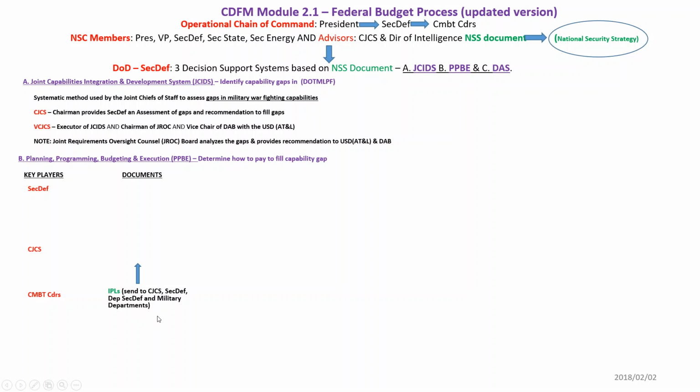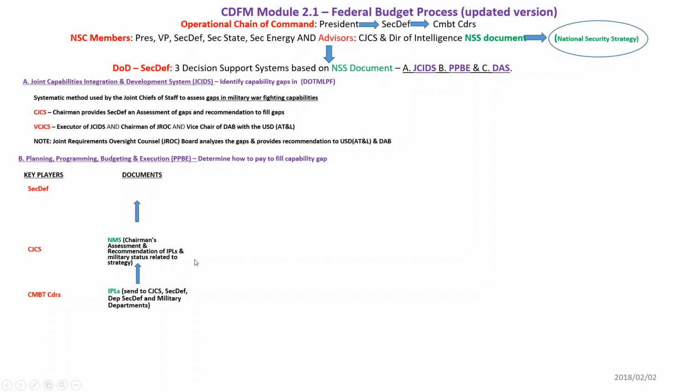The IPL then goes to the Chairman. Again, if your subject matter expert in the military for the government is the Chairman, he needs to review anything coming from the military. Makes sense. So the Chairman then does his assessment. He looks at what we submit as the combatant commanders and then provides an assessment and recommendation of the IPLs.